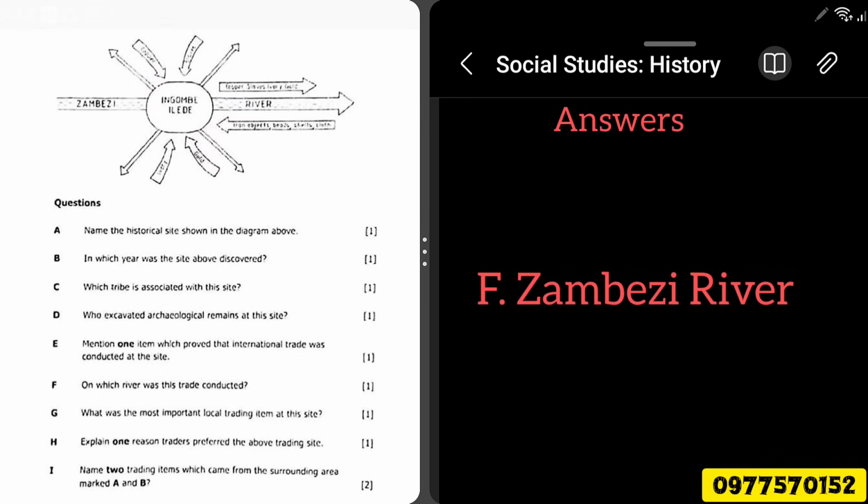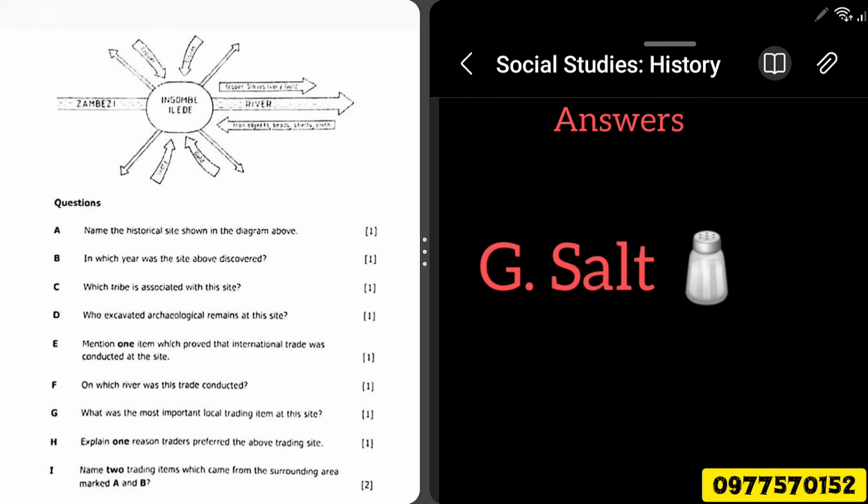What was the most important local trading item at this site? Salt. H. Explain one reason traders preferred the above trading site.